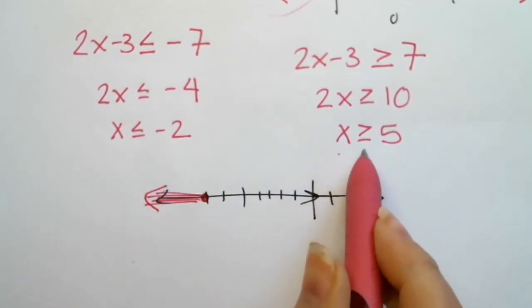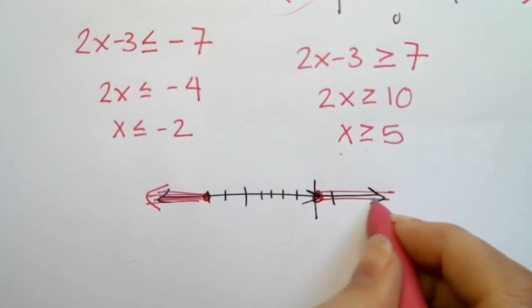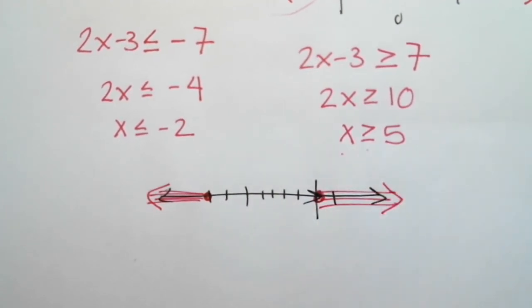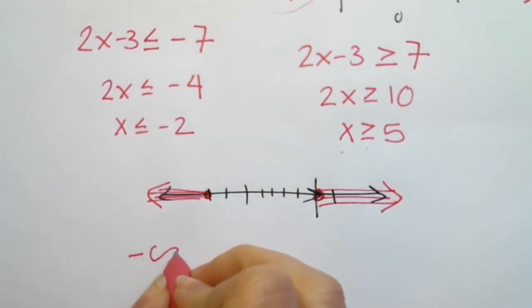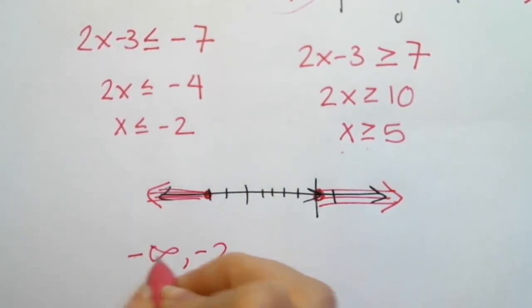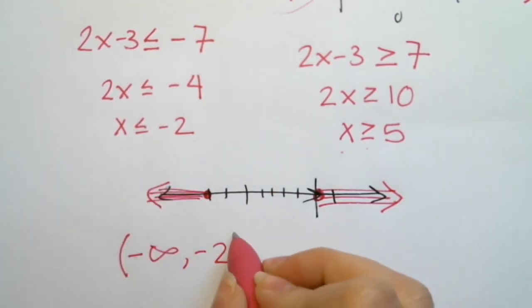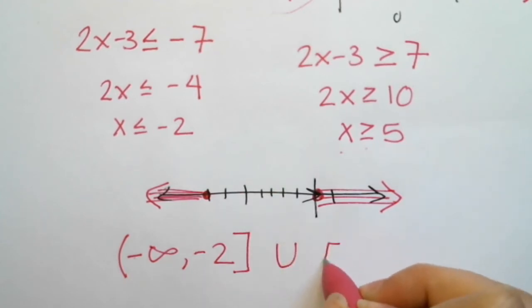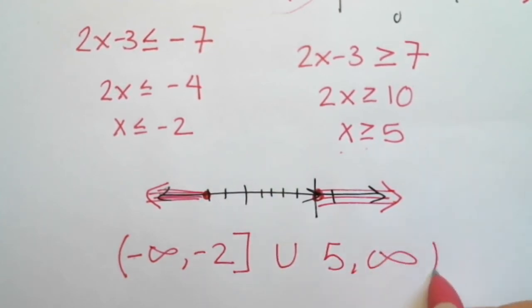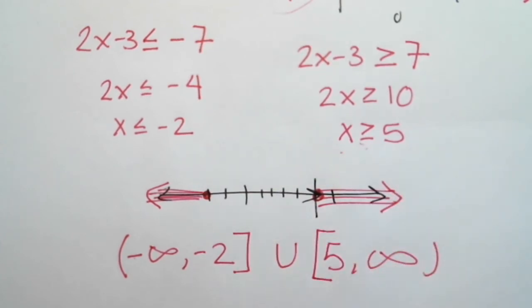And then x is greater than or equal to 5, we're going to start at 5 and go greater than. So when we go to do the interval, we can see that this is -infinity up to -2. And because it's less than or equal to, we're going to use a bracket. Here we're starting at 5 and going off to infinity. And again, because it's or equal to, we use a bracket.